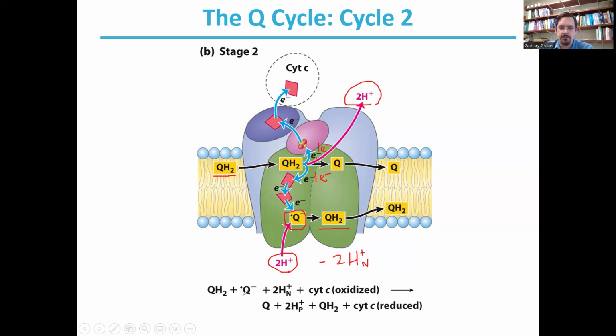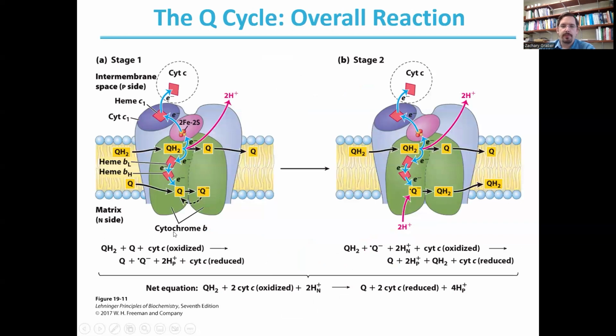So our overall reaction, we're now consuming that reactive intermediate of our partially reduced coenzyme Q. We're consuming a second fully reduced ubiquinol. We're also grabbing 2 protons from the matrix side and taking another oxidized cytochrome C and reducing it to our reduced form. But we're producing a QH2 and a fully oxidized coenzyme Q, as well as, of course, releasing those 2 protons onto the intermembrane space side.